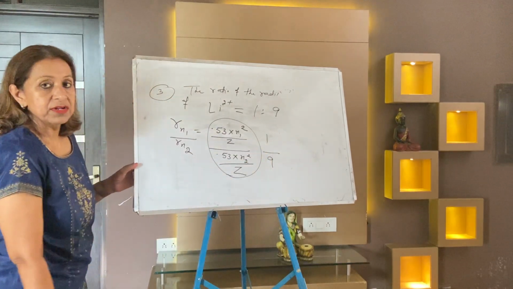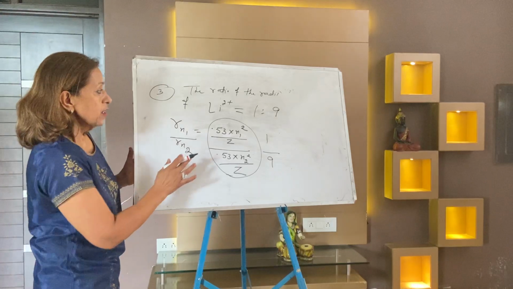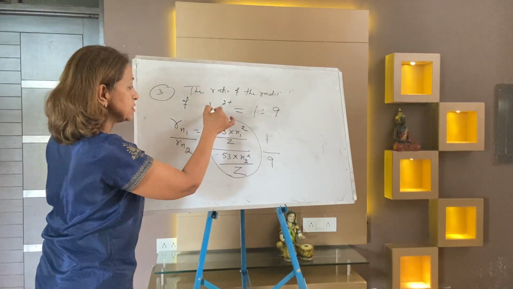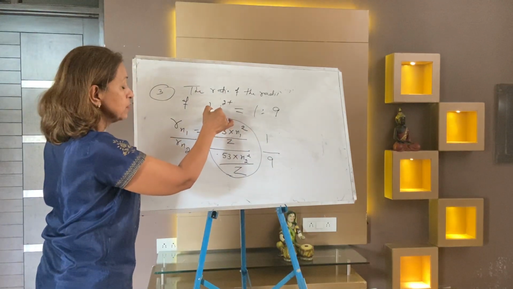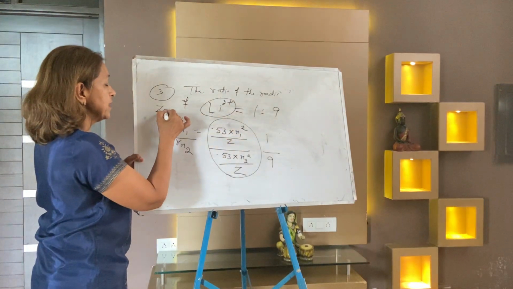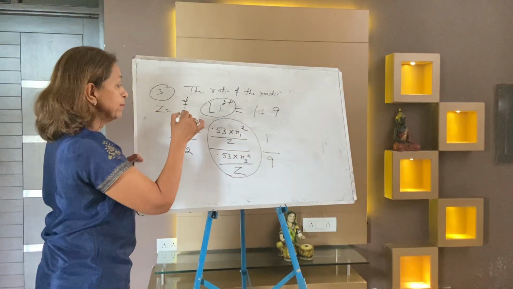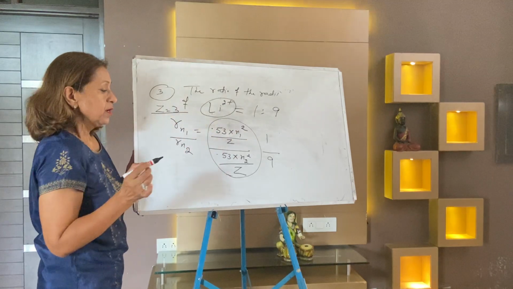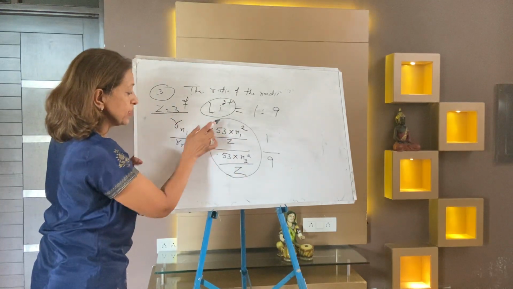The Z is for lithium 2 plus. Hydrogen, helium, lithium, so it is 3.